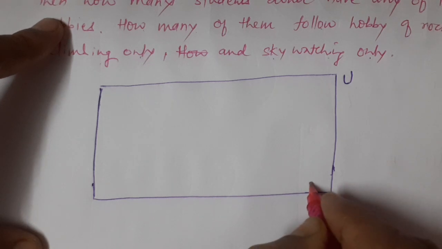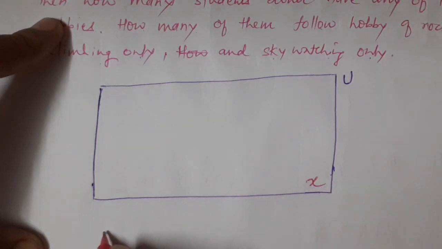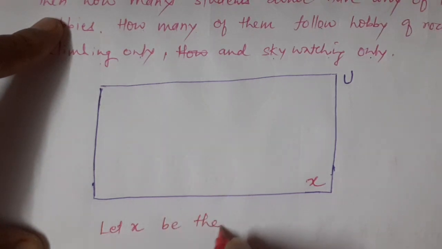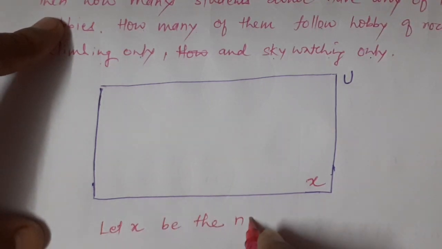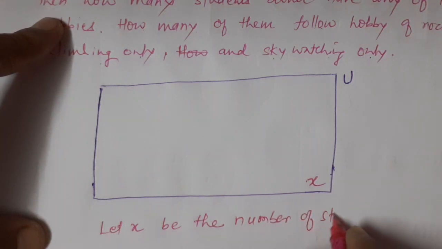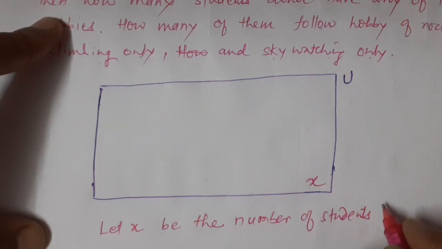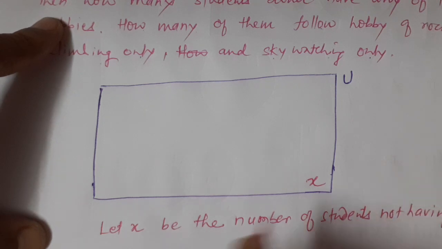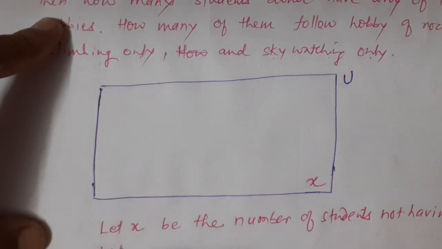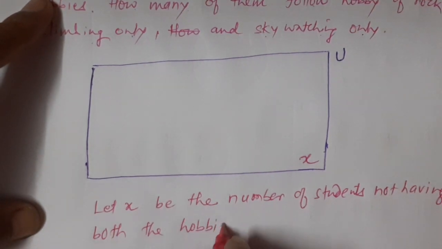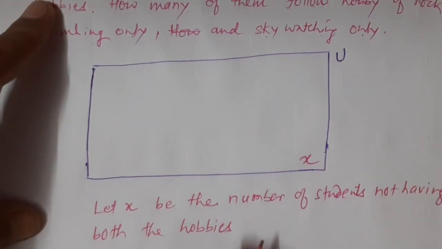Let x be the number of students not having both the hobbies. Okay, so we are considering that.